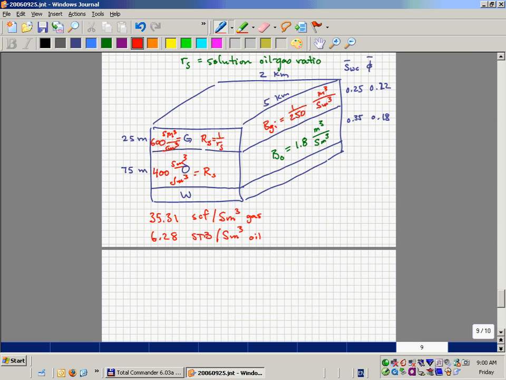Okay. Any questions before we take a break? Now, after the break, what we're going to talk about is how to get these average saturations, how the distribution of water saturation varies with depth, for example, and a little bit about the PVT properties, in particular the BO and the RS, how those also may change with depth.